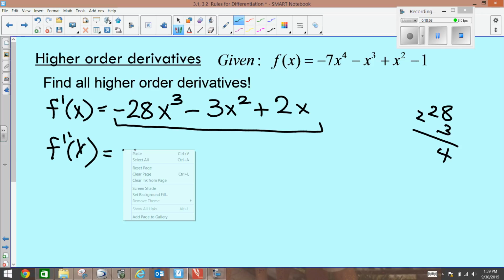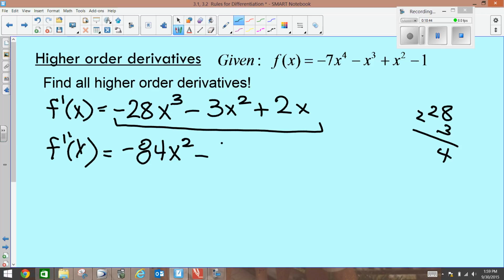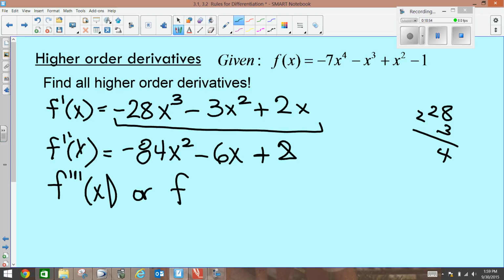Negative 84 x squared minus 6x plus 2. F triple prime. You also might see this like this, f with a little 3 in parentheses. That means the third derivative, okay? So either way you can do that.